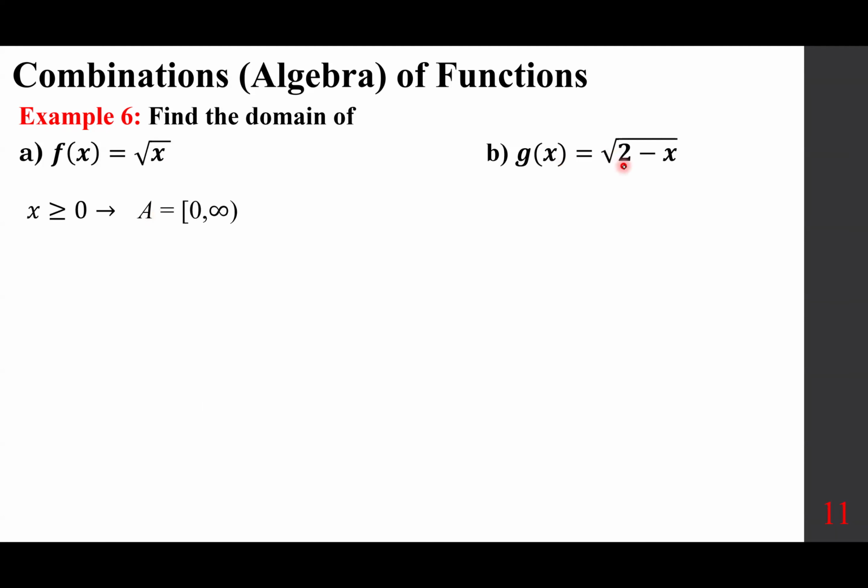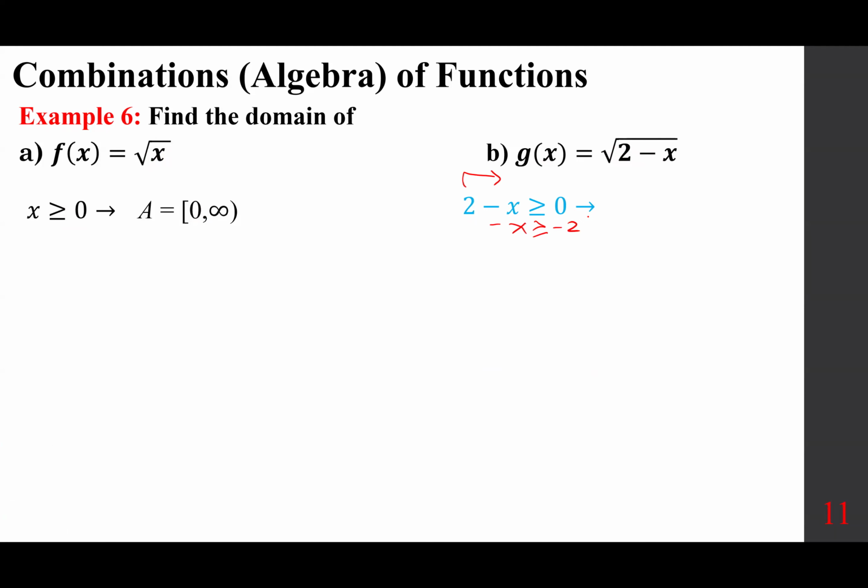What about g of x equals square root of 2 minus x? The same concept. Over here, we said the radicand x must be larger than or equal to 0. Over here, the radicand 2 minus x must be greater than or equal to 0, which means minus x is greater than or equal to minus 2.